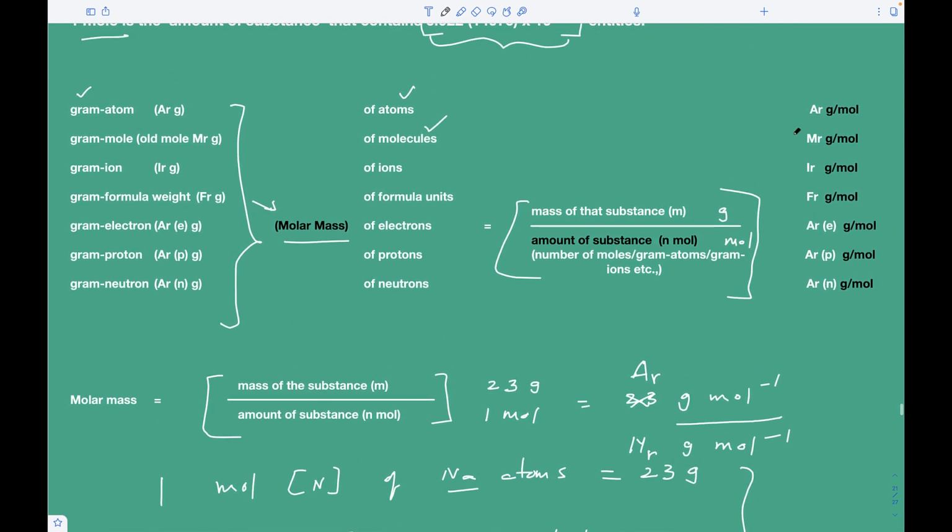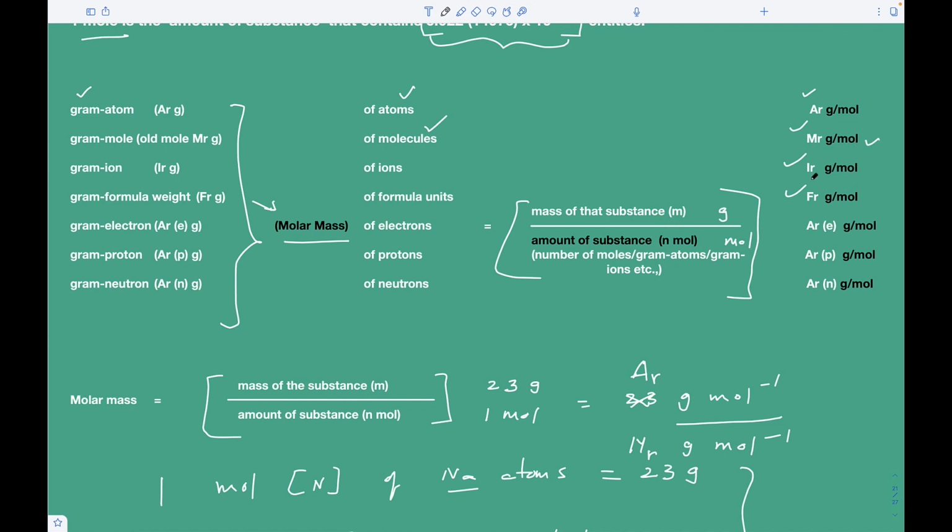So that is what I have depicted here. For an element or for atoms, molar mass is equal to its relative atomic mass in gram per mole. For molecules, molar mass is equal to its molecular weight or relative molecular mass in gram per mole.